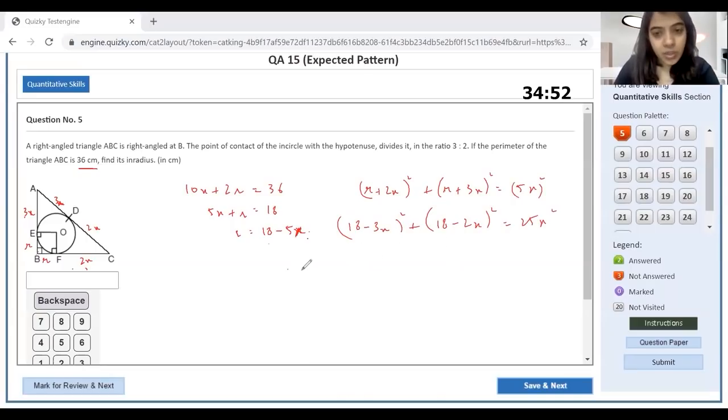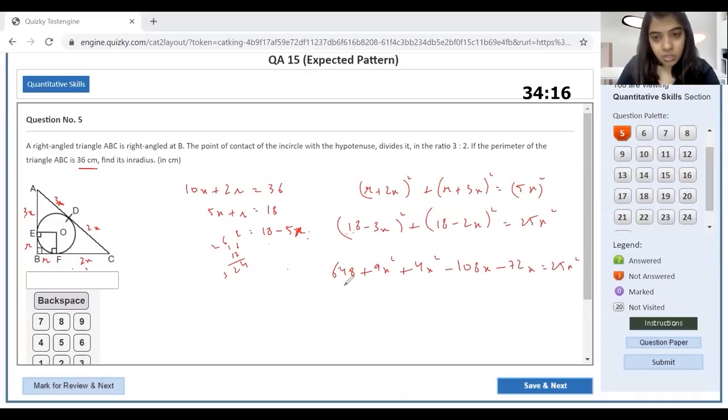Let's open this. 18 squared is 324, and here also we'll get 18 squared, 324 into 2, 648, plus 9x squared plus 4x squared, minus 18 times 6 is 108x, minus 4 times 18 is 72x, equals 25x squared.